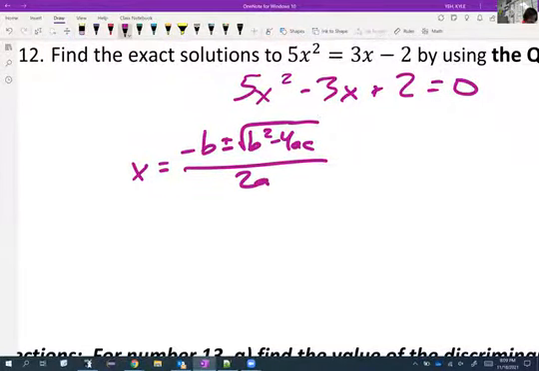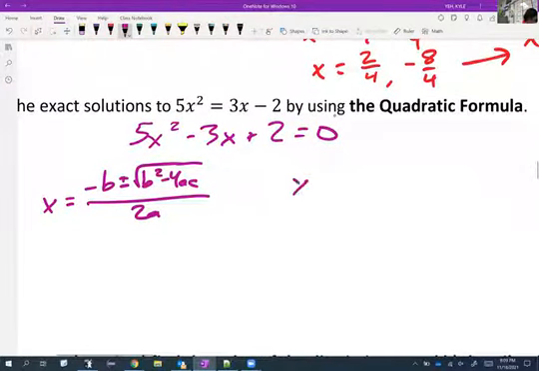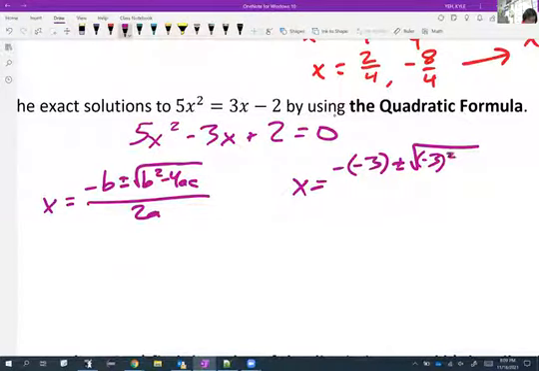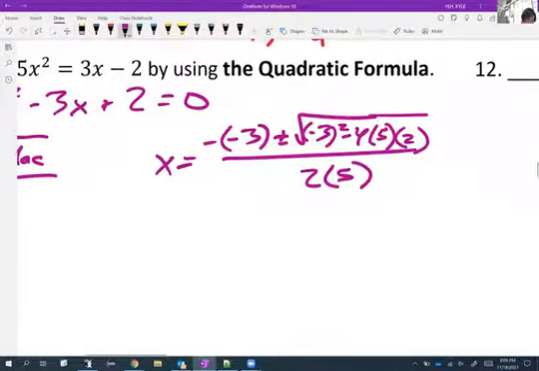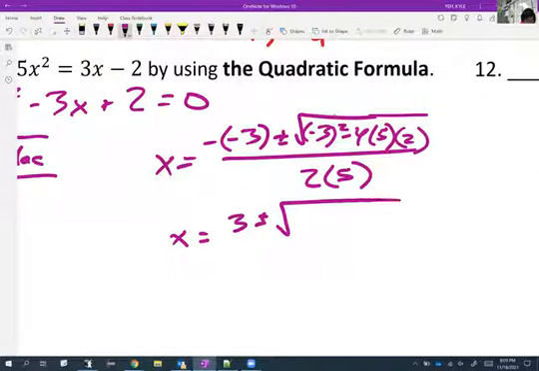So that means that in this problem, x equals negative negative 3 plus or minus square root of negative 3 squared minus 4 times 5 times 2 all over 2 times 5. Just plugging them in and let's simplify. X equals 3 plus or minus the square root of 9. 4 times 5 is 20, times 2 is 40, 9 minus 40 all over 10.